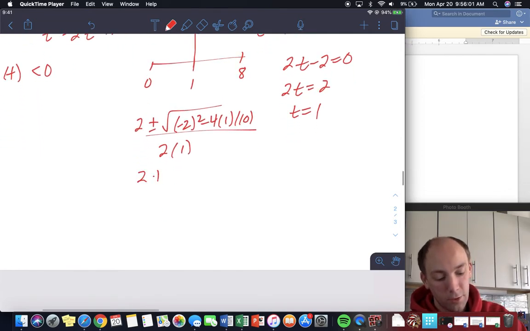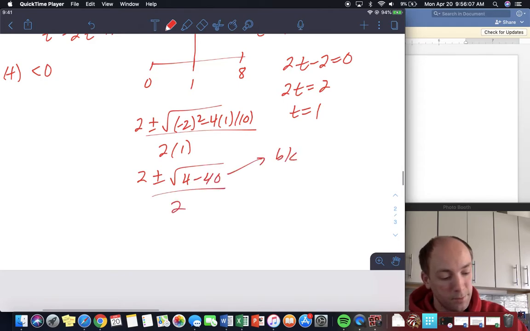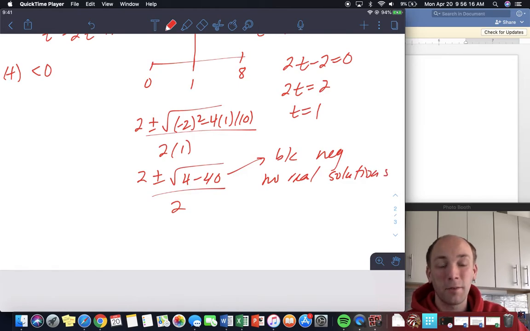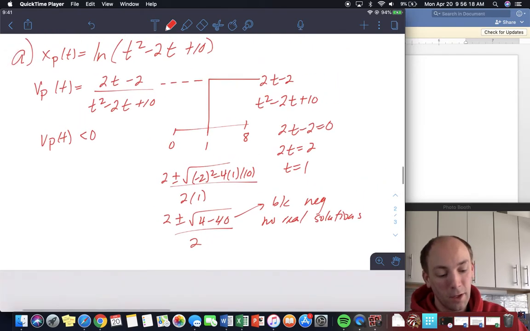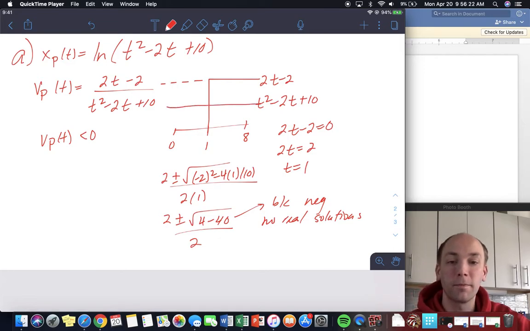So 2 plus or minus square root 4 minus 40 over 2. Because the inside is negative, there are no real solutions. Because there's no real solutions, there's nothing that would make that equal to 0. So this is going to be positive everywhere.